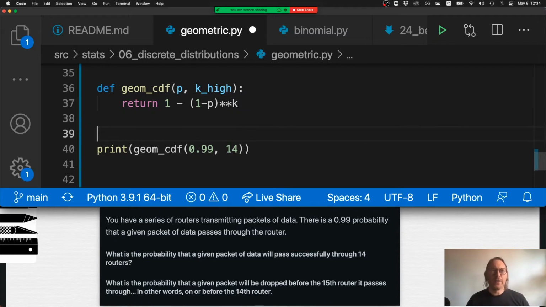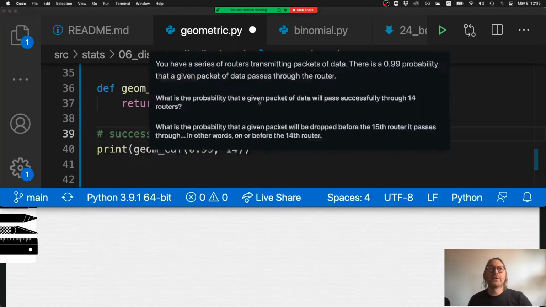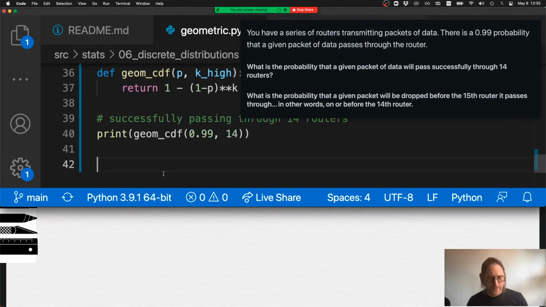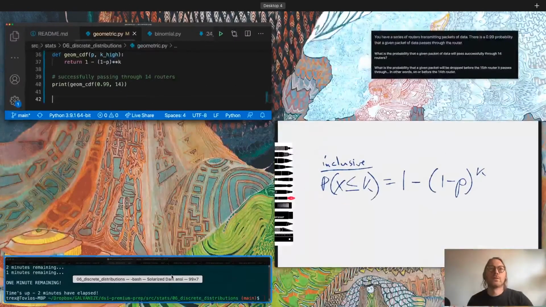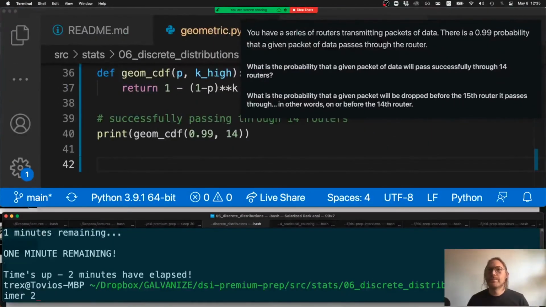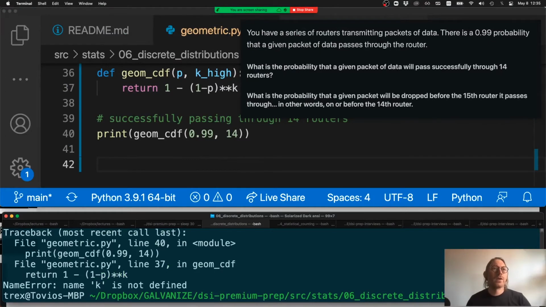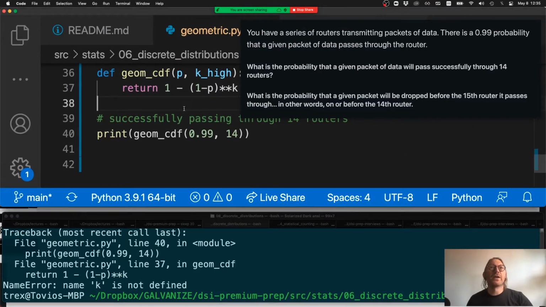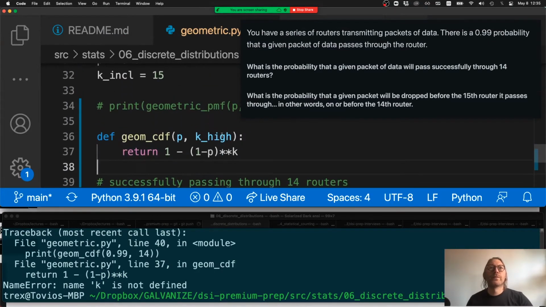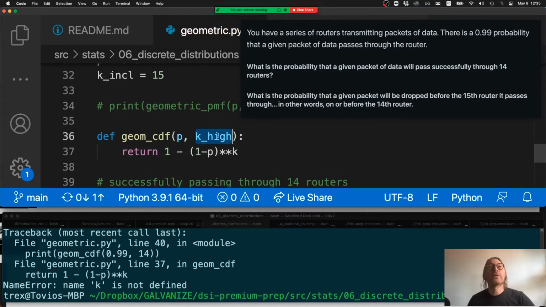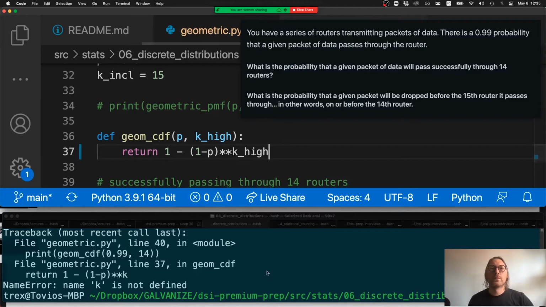So this will be successfully passing through 14 routers. And let's see what that is. Oh, K is not defined because I called it K high.